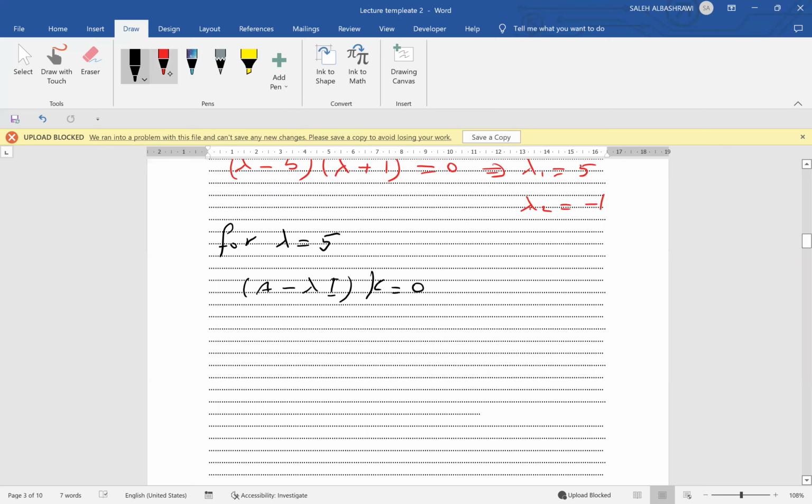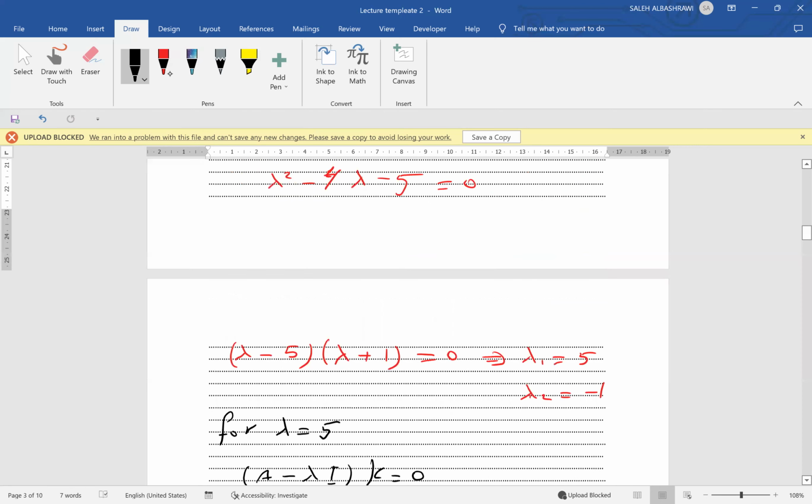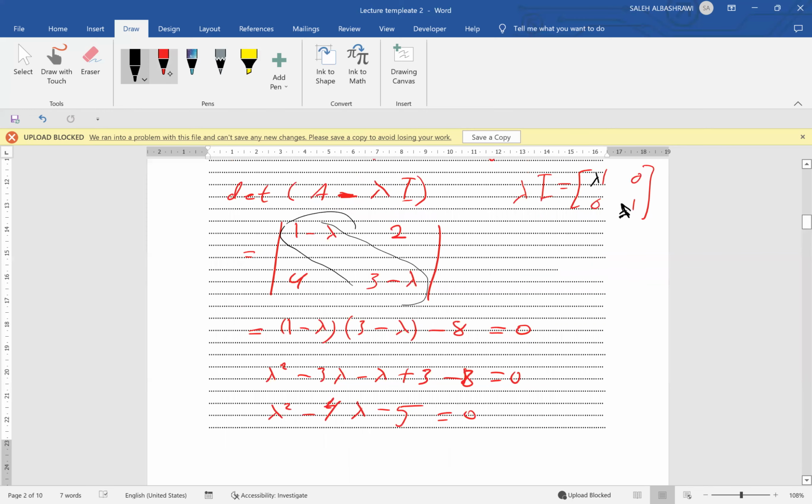We go back, A is equal to 1 minus 5 and 3 minus 5.